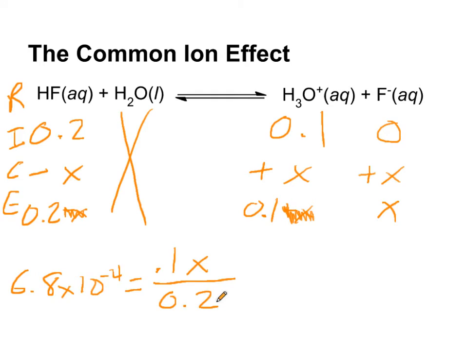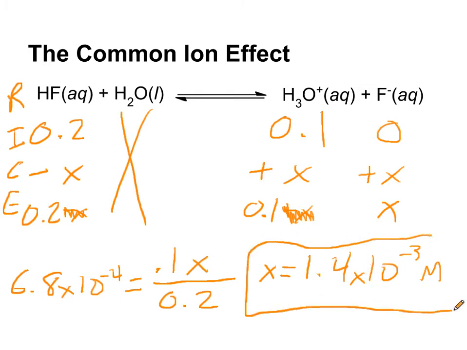When we solve this for x, we end up with x being equal to 1.4 times 10 to the negative 3rd. And that, if you go back to our Rice table, is the fluoride ion concentration.